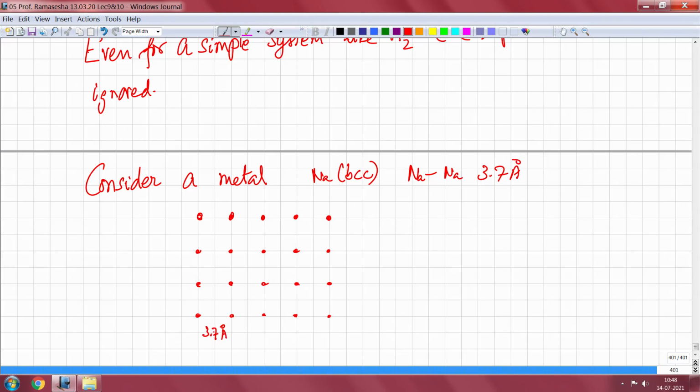Now, I ask the following hypothetical question. Supposing I increase the distance between the sodium atoms to say 5 angstroms or 5.5 angstroms. Then what happens is I have sodium atoms in an expanded lattice.